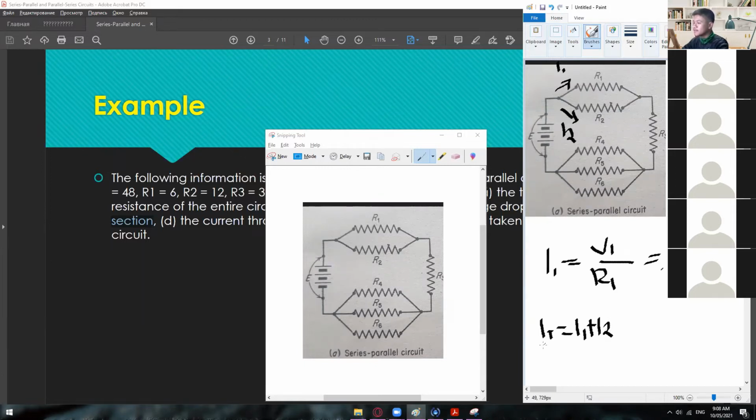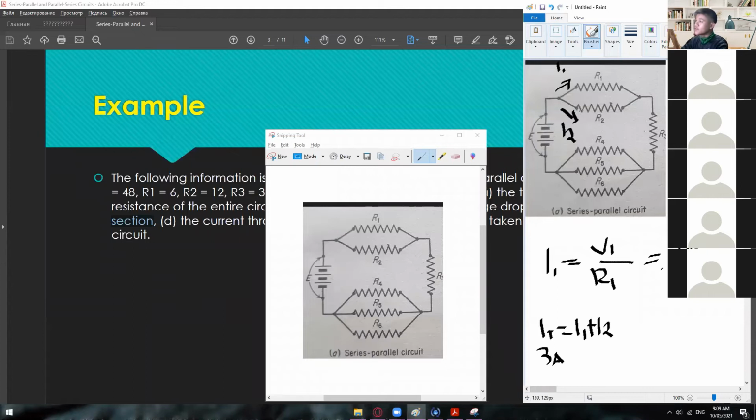So dapat mag-a-arrive tayo sa 3 amps kasi ito yung nasolve nating current kanina. Since nasa parallel connection tayo, na-mention ko last meeting, V1 is equal to VT, or equal din sa V2.